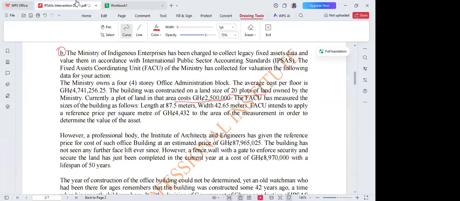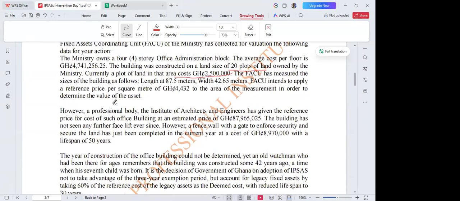Let's come to the building. How do we get a building? Okay, sir, for the building, we use the one that has been determined by the professional body. You have solved this question in class. Yeah, okay, that's fine.